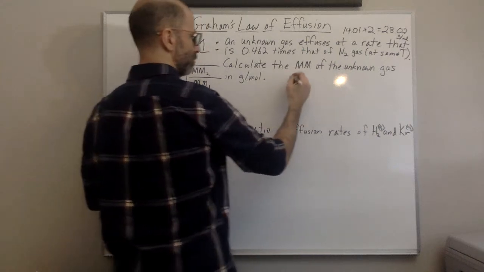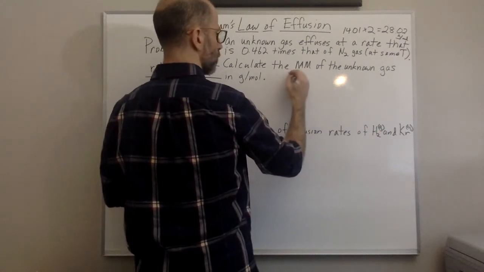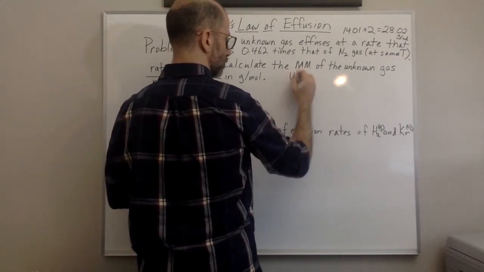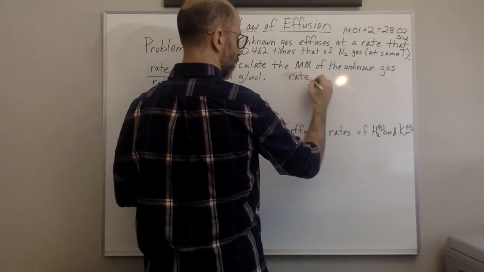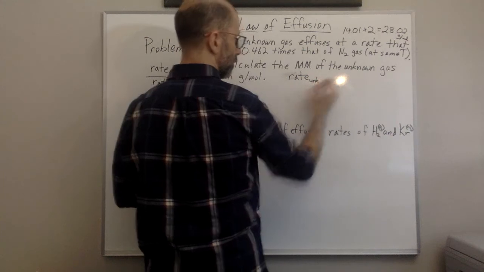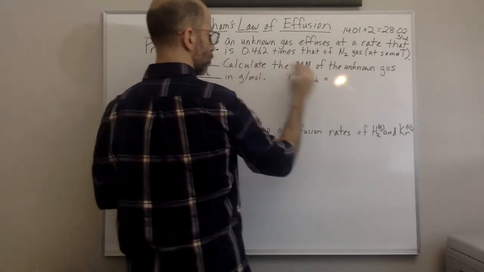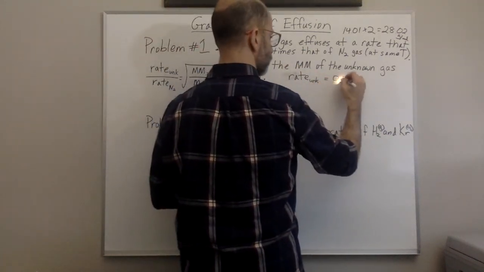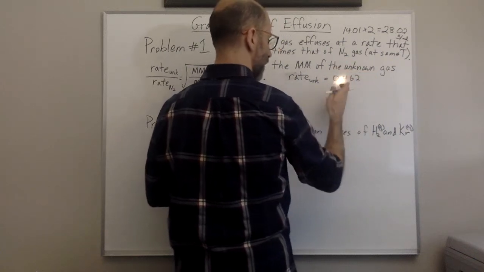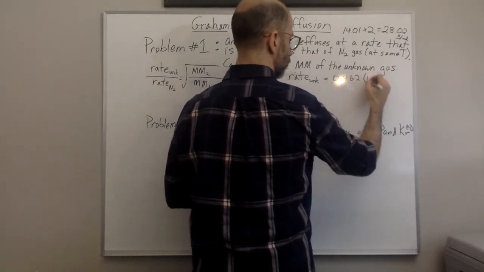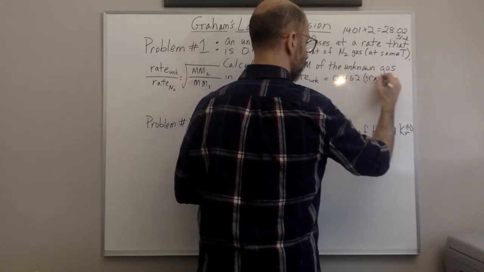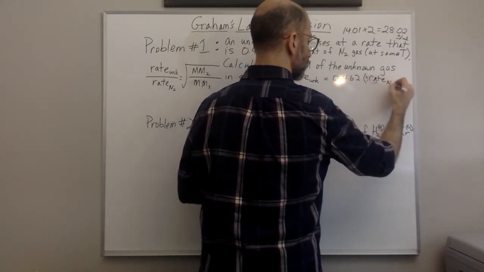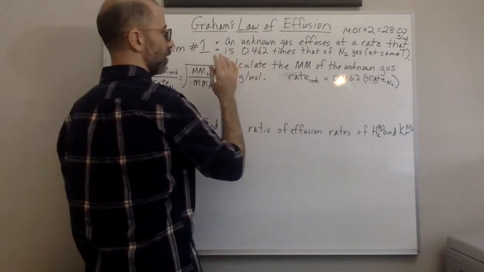So the rate of the unknown is equal to 0.462 times the rate of N2. That's what they're telling us.